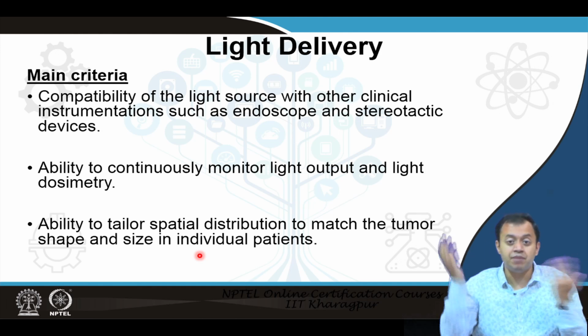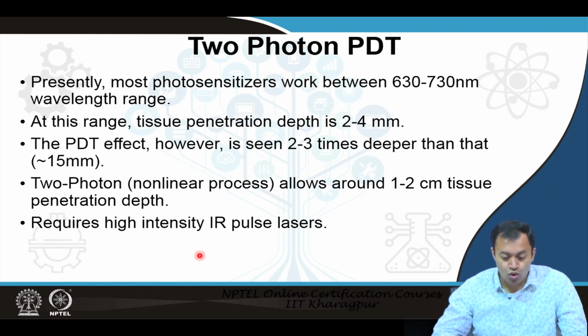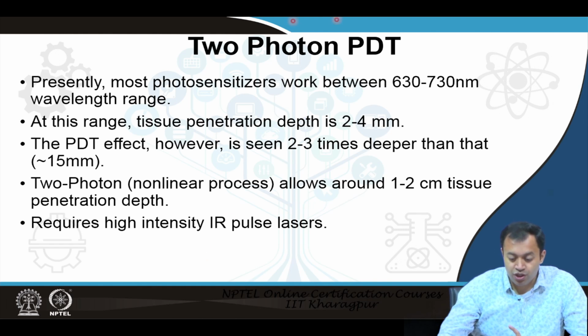These days we are mostly looking into non-linearity, 2 photon PDT. Most photosensitizers work in the 630 to 730 nanometer wavelength range.